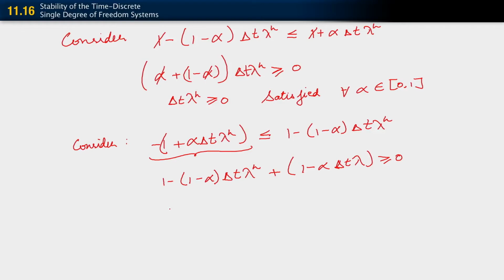Okay, continuing to work with it, this implies that 2 plus 2 minus 1, right, minus 2 alpha... wait a minute, what's going wrong here?